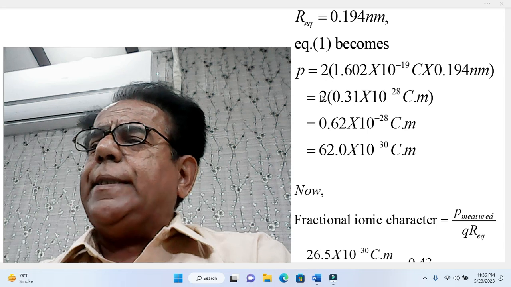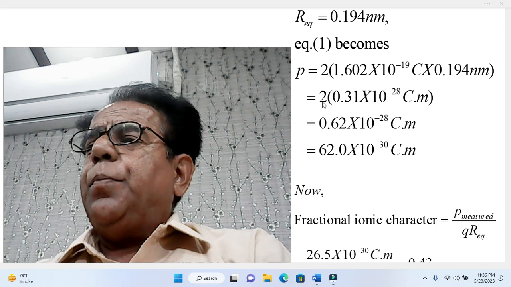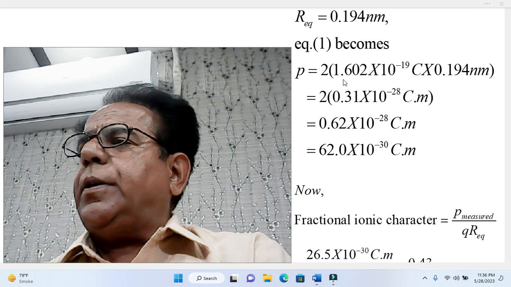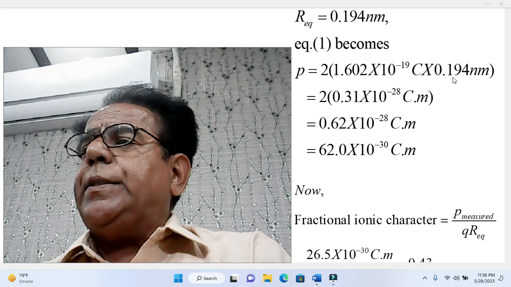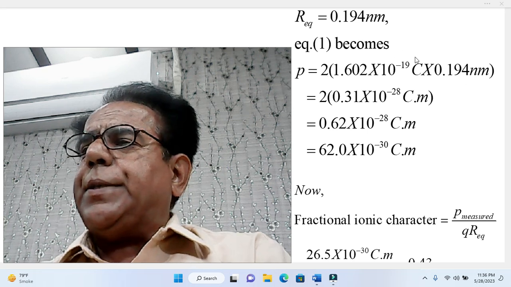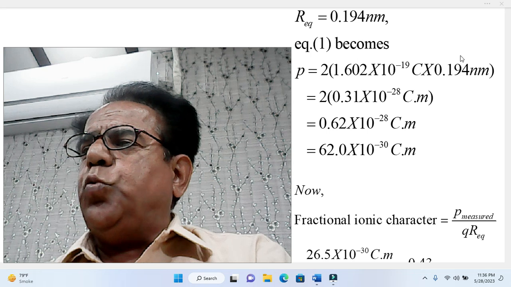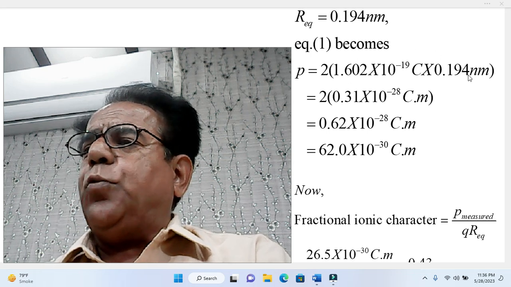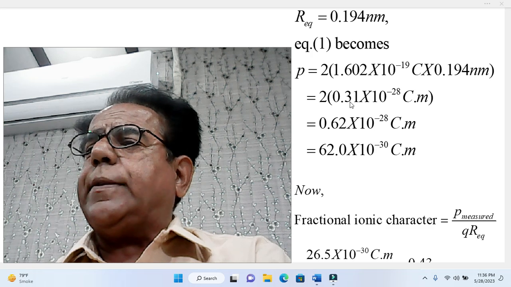We have not disturbed the 2 here. We have multiplied 1.602 with 0.194. The multiplication of these two values, 1.602 and 0.194, gives rise to 0.31.